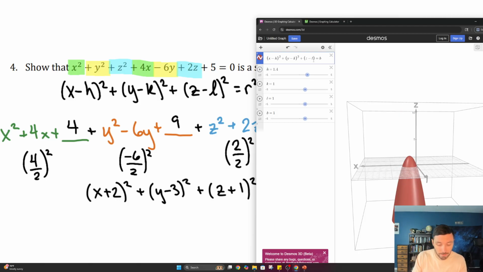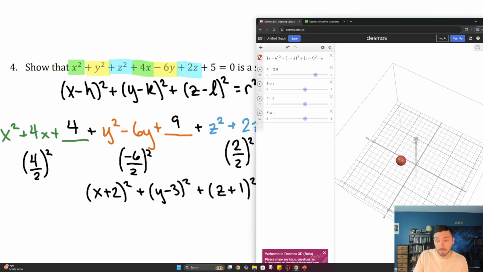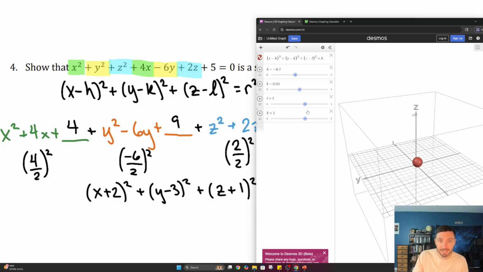All right, so here we go. h moves it parallel to the xz plane, moves it in that direction. k moves it parallel to the yz plane. And l moves it up and down.